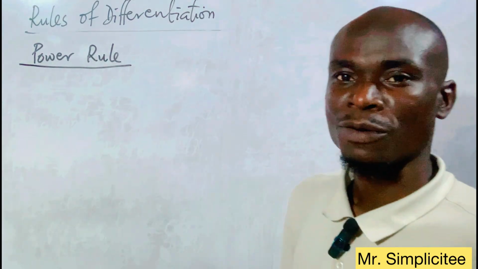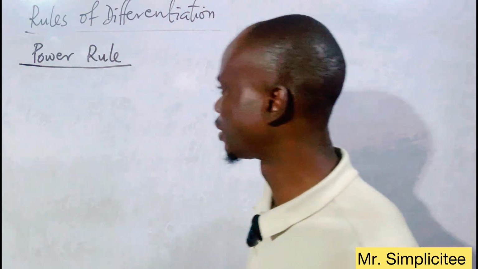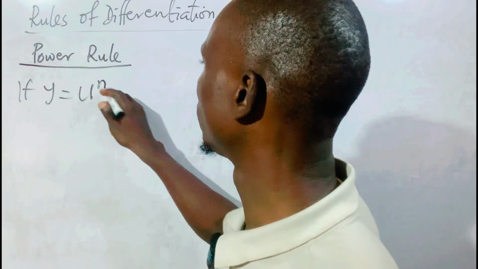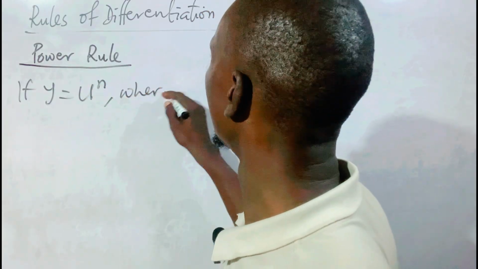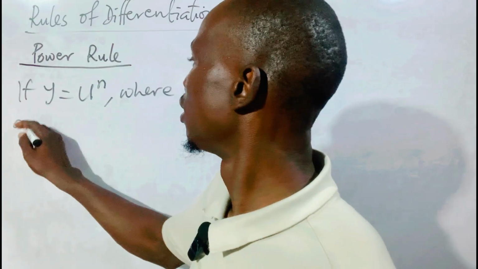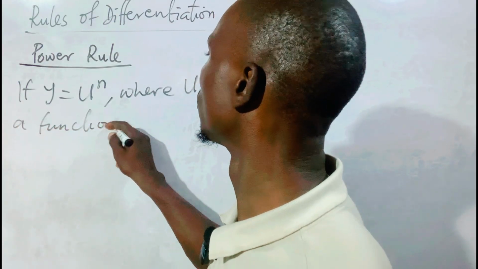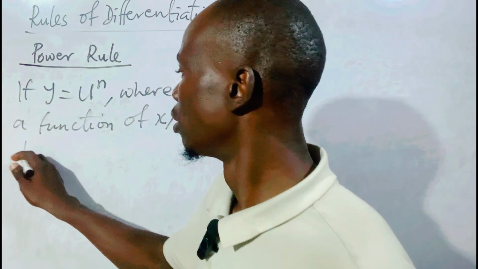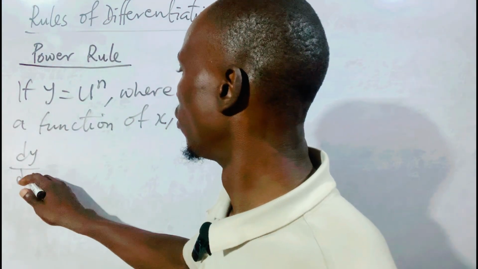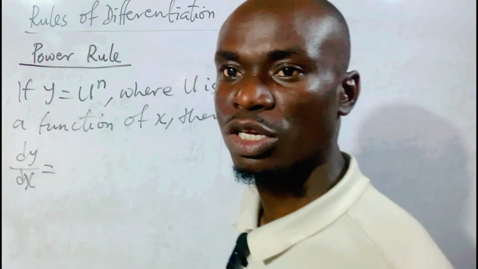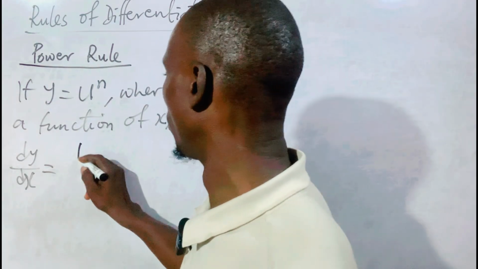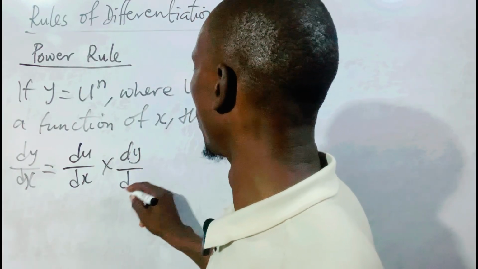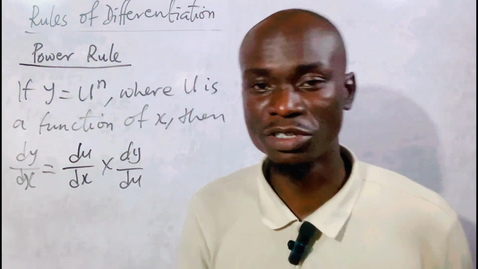And what you need to understand is that the rule says if y is u raised to power n, where u is a function of x, then dy over dx is equal to du dx times dy du. It's a very simple rule.